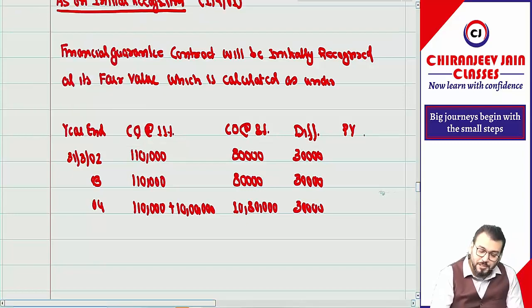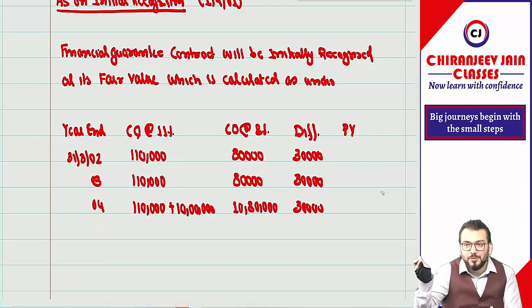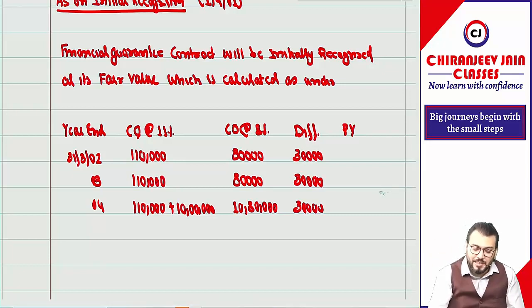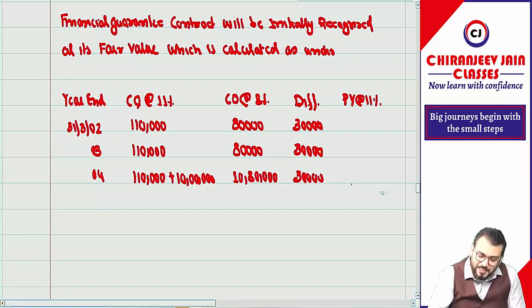At 11%, because we are calculating the fair value of guarantee given, means at market rate of interest from the subsidiary's point of view. So at 11%. Can you give me the present value?